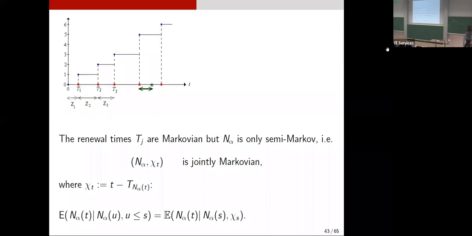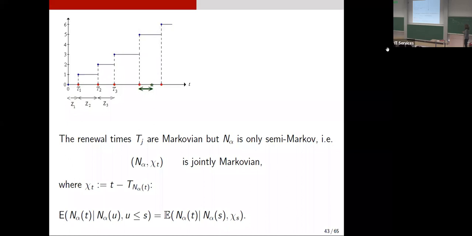It is called a semi-Markov process, since only the couple here, N alpha of t and the random variable here, the length of this interval since the last event up to this time here, is jointly Markovian.